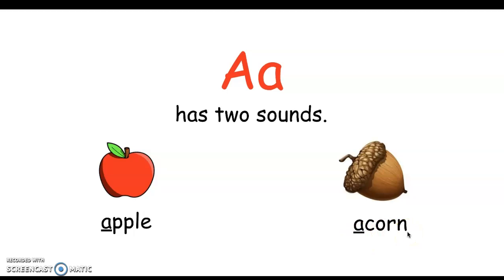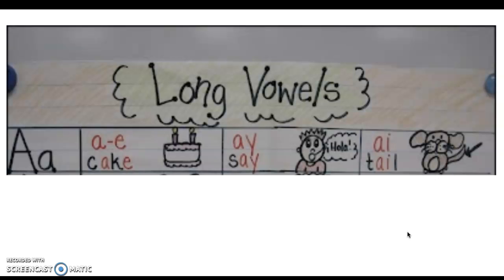So we're going to look for patterns in words that help us know if it's going to have a long A sound. We've gone over patterns like A with magic E, such as the word cake. We've gone over A and Y together that make the long A sound, such as in the word say.